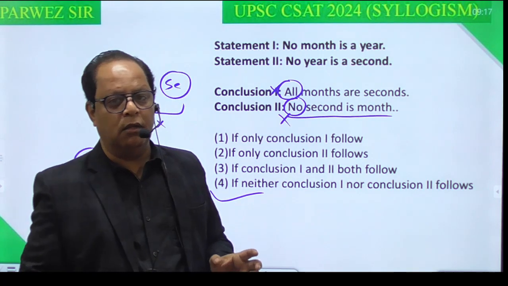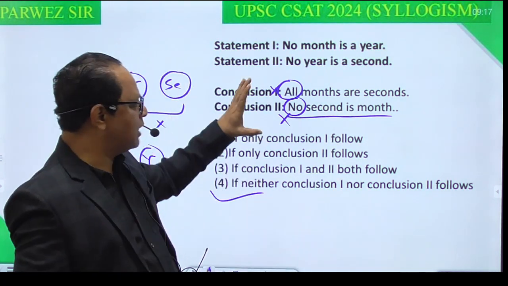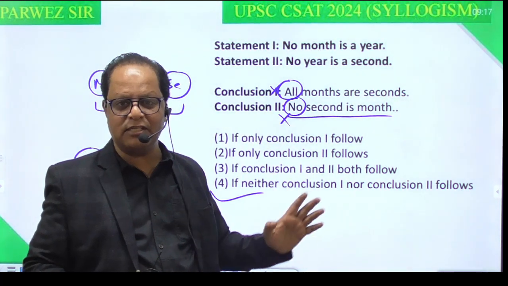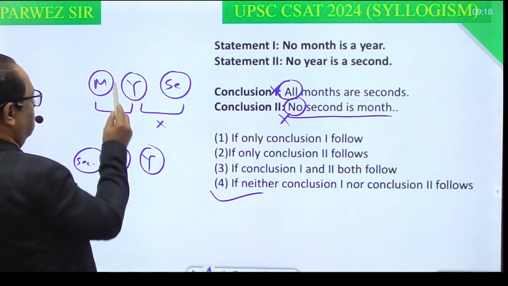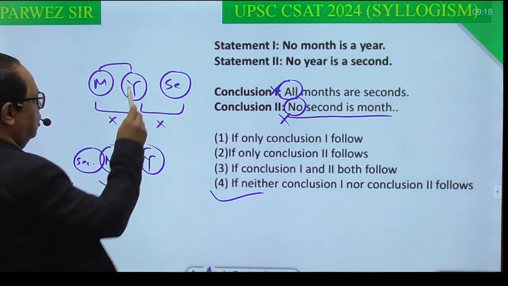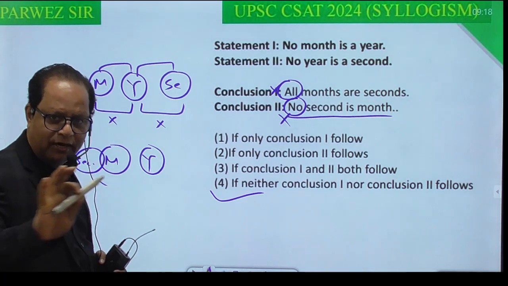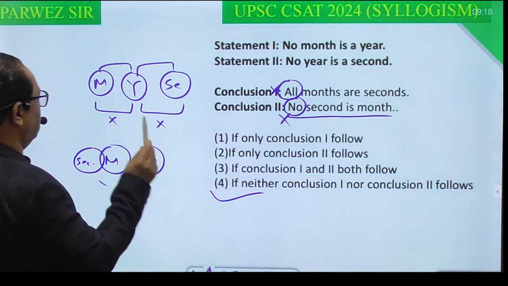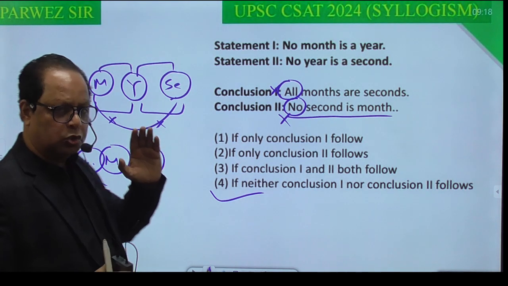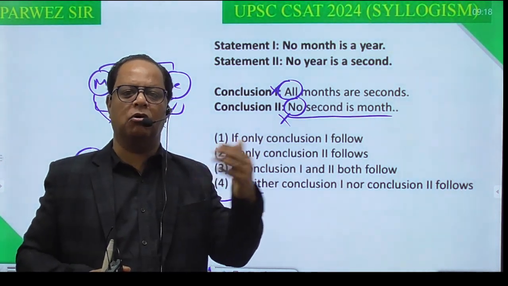So remember, in this type of question, always keep in mind that here no month is a year, confidently no. No year is a second, confidently no. But yes, in the question, if month and second are given, here it can be or cannot be.